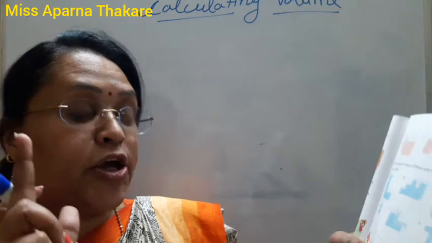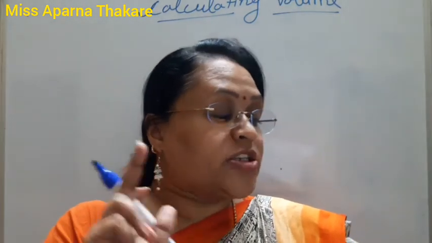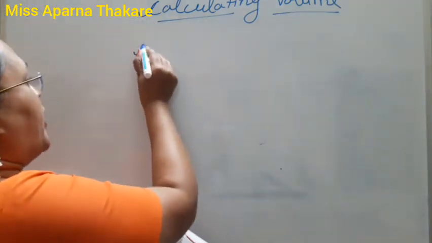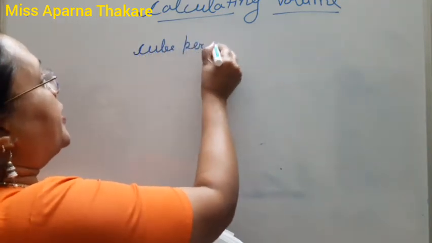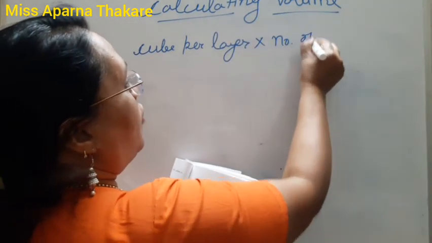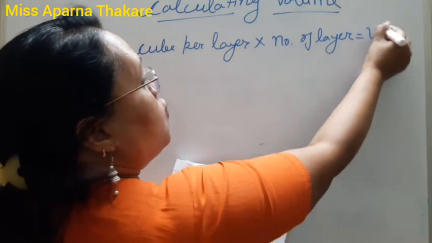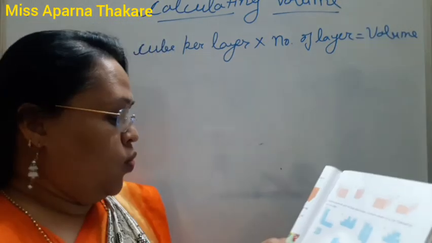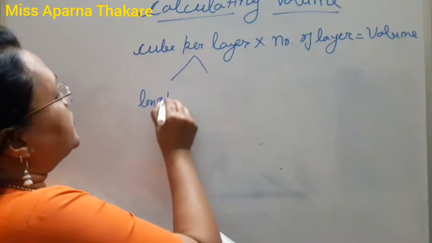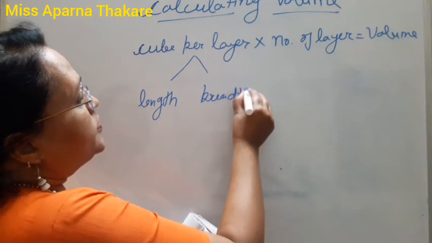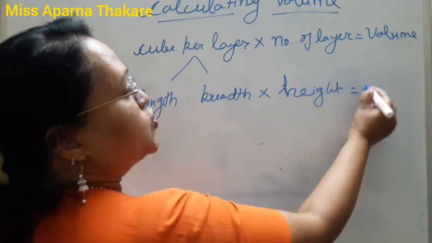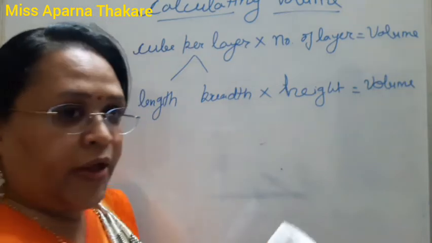This says that while finding the volume of a cube or cuboid, we first count the number of cubes in a layer and then find the number of layers.